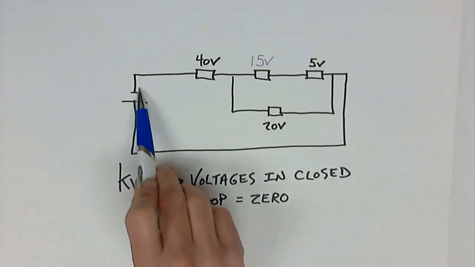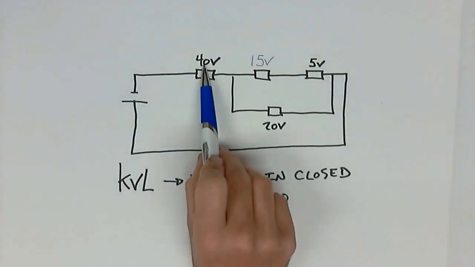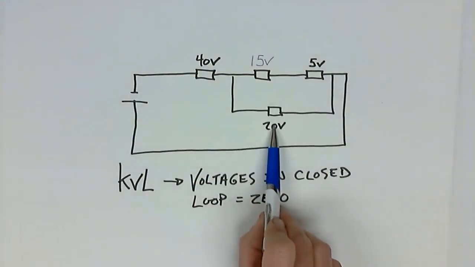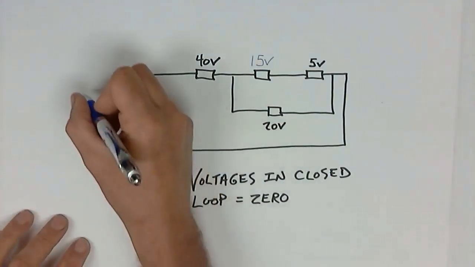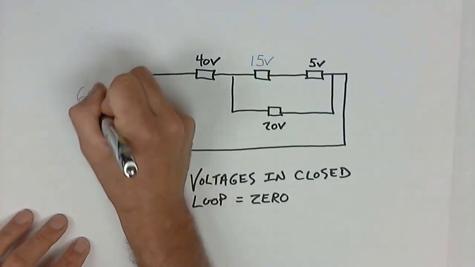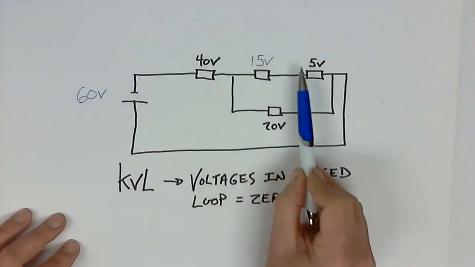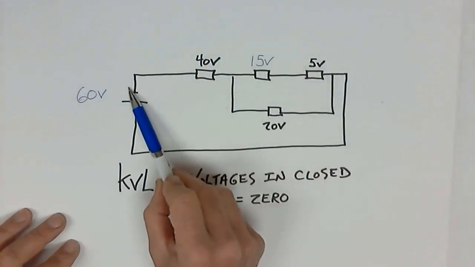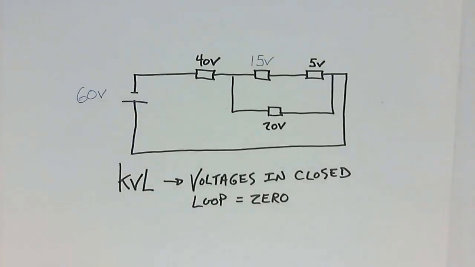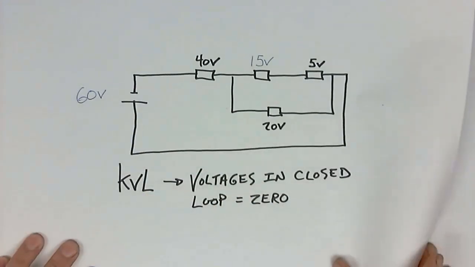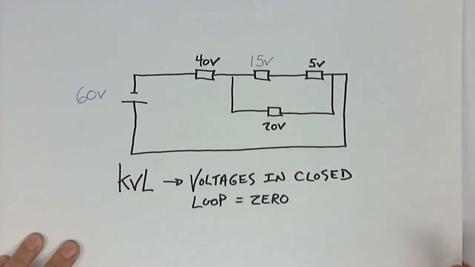If we wanted to know what the source voltage was, we could take 40 plus 20, giving me 60 volts, or 40 plus 15 plus 5, giving me 60 volts. Kind of depends on which method you would want to use. So that's a quick summary of some of your level 1 theory.